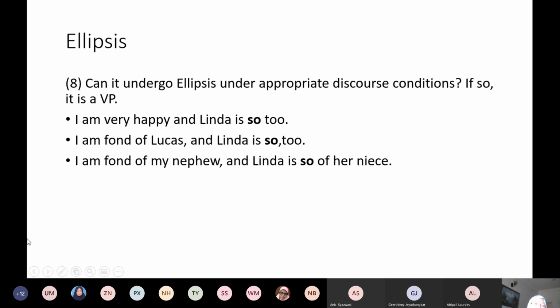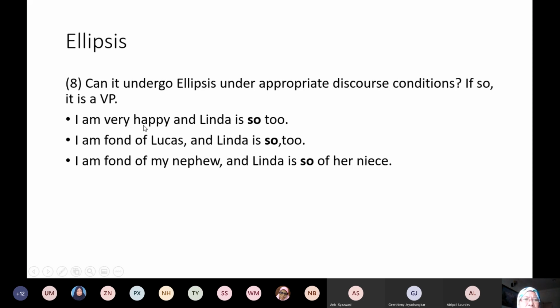So ellipsis is when there are two things which are equal. You actually can drop one because it will be redundant if you retain the two because it's the same reference. So we use ellipsis. So meaning I'm very happy and so can be used if it is an adjective.